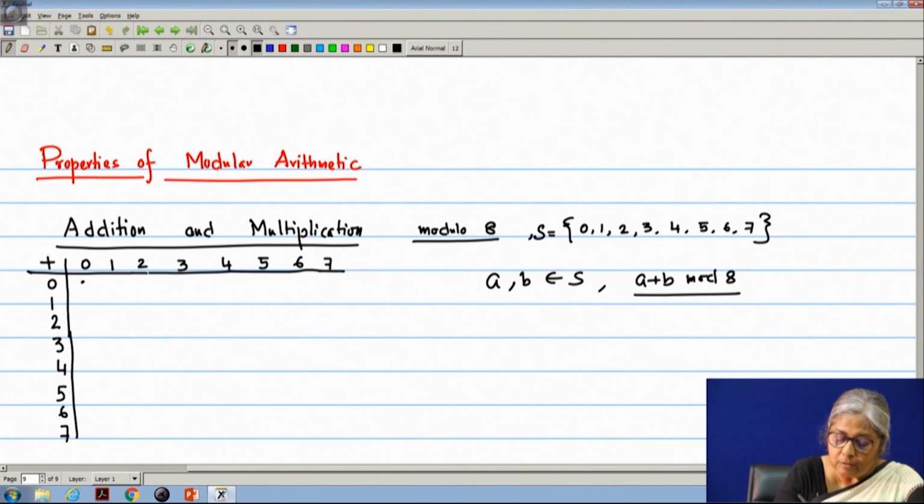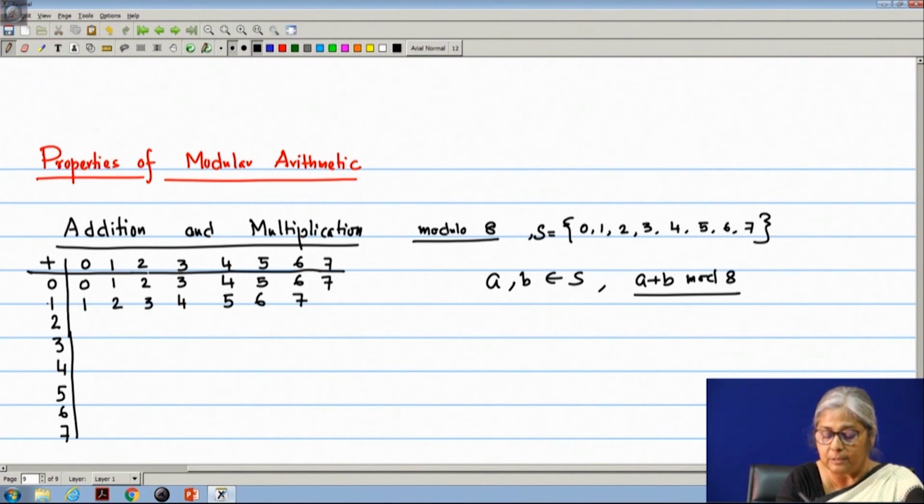So 0 plus 0 is 0, then 1, 2, because when A plus B is less than 8, the remainder will be the same thing. Now 1 plus 0 is 1, 2, 3, 4, 5, 6, 7.